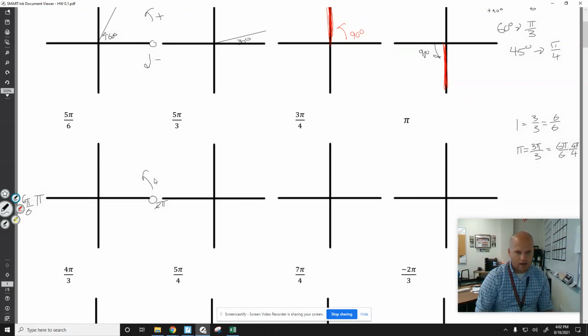If going counterclockwise is adding and going clockwise is subtracting, I need to go 1 pi over 6, or 30 degrees, less than pi to get to 5 pi over 6. 6 pi over 6 minus 1 pi over 6 puts me right here. 30-degree reference angle. Why? Because it's a pi over 6, creating my short 30, 60, 90 triangle.